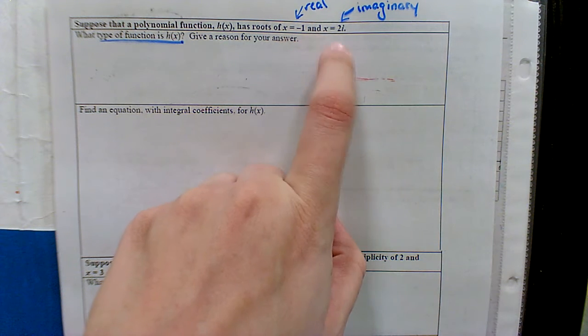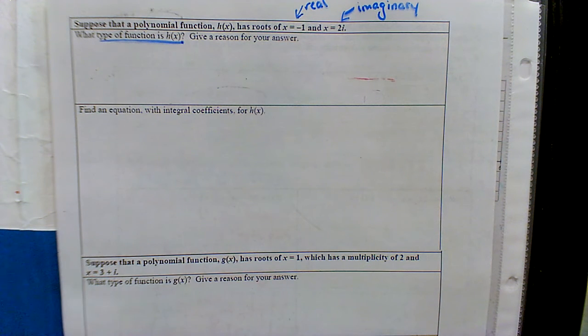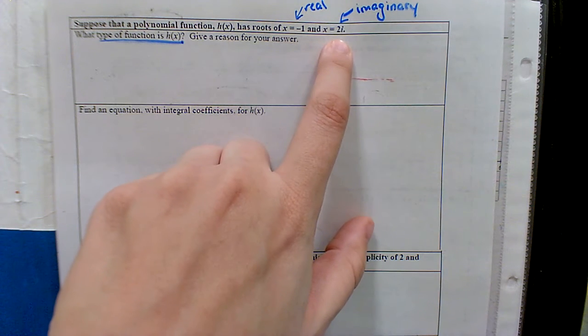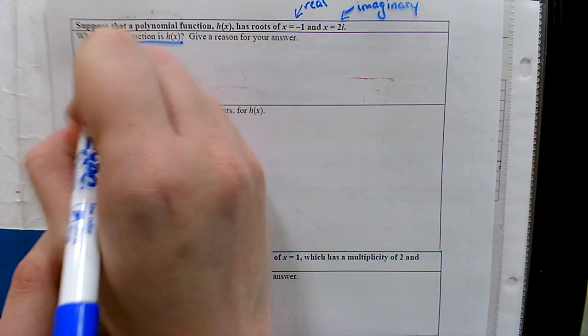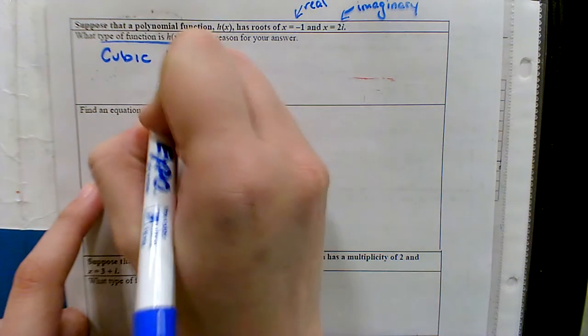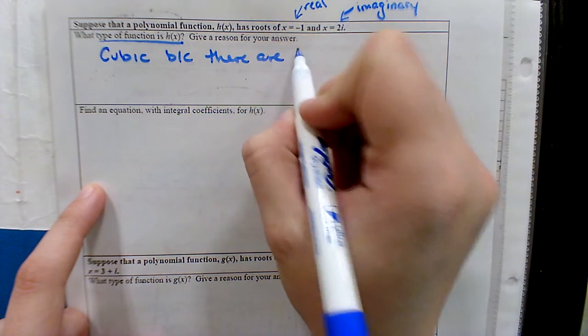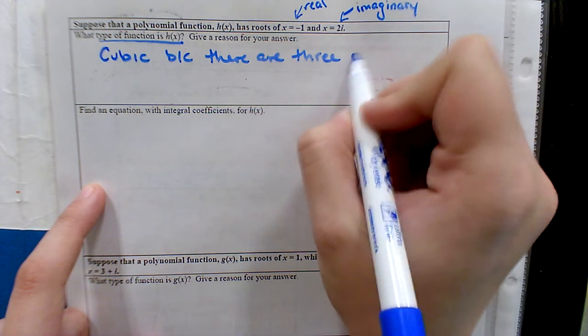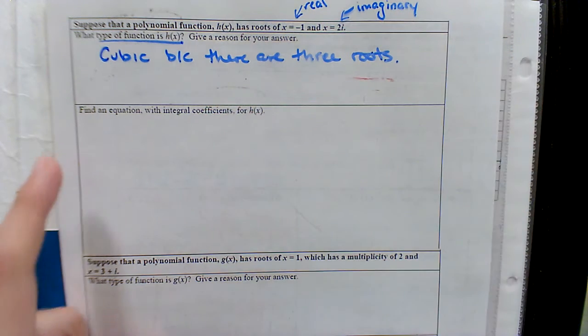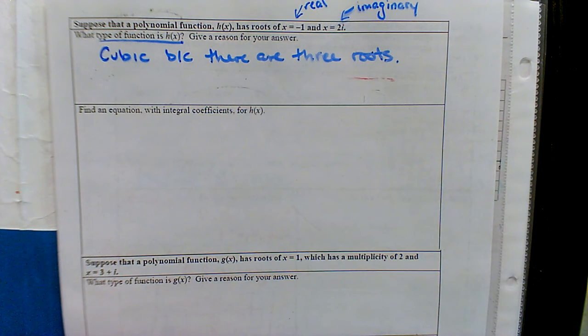Okay, so even though they give us 2, the fact that they give us an imaginary means that there's another one in there paired up with this one. Okay, so we'll say cubic because there are 3 roots. X-intercepts, zeros, whatever words you want to say.